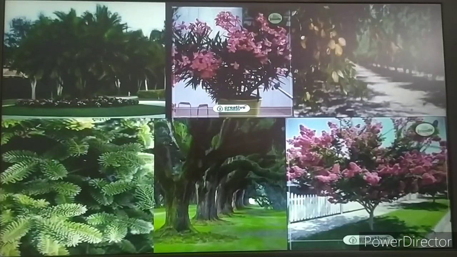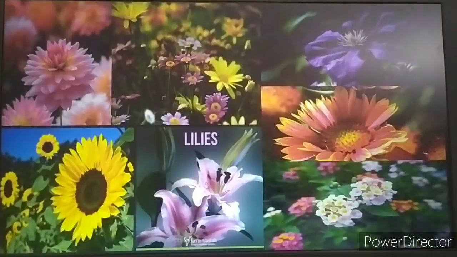So those plants which cannot produce flowers are called non-flowering plants, whereas those plants which can produce flowers are called flowering plants. So we can say that flower is the most attractive and colorful part of flowering plants.